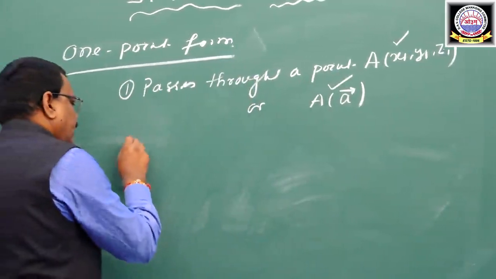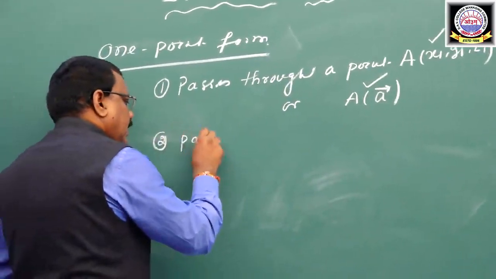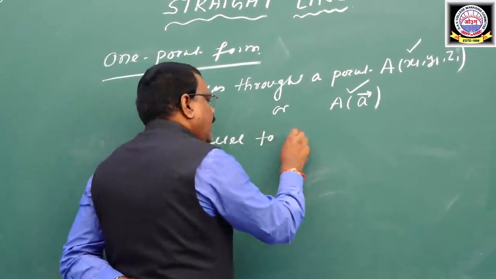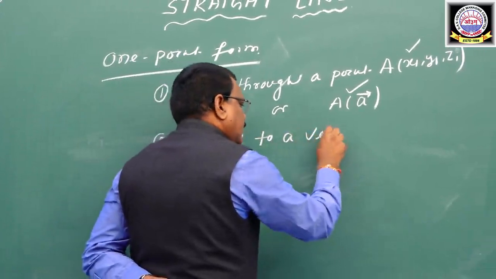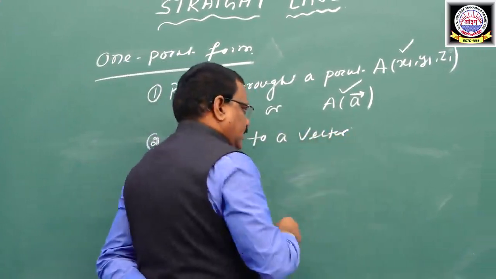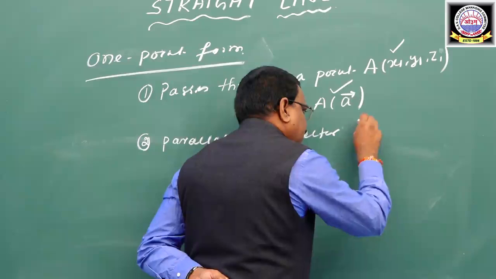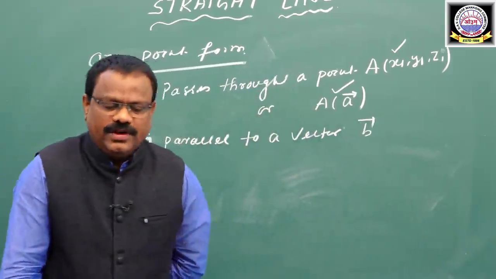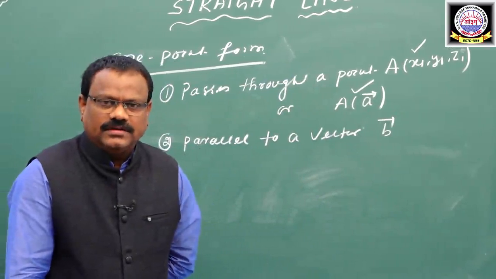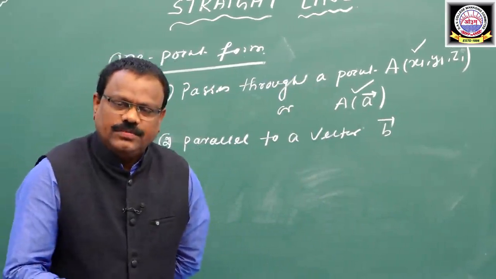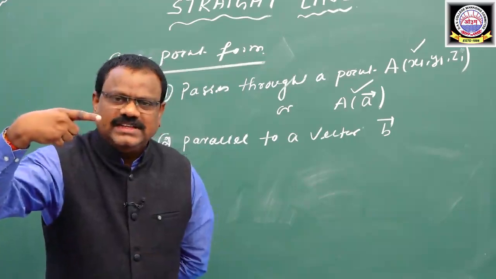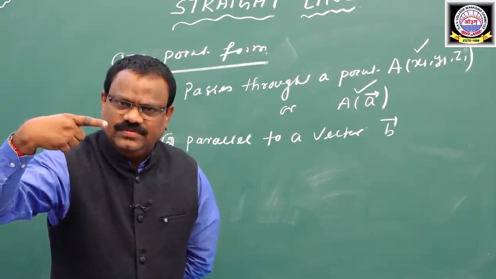And the second requirement is that the line is parallel to a vector, say B vector. Means the line is passing through a point and parallel to a vector. If it is passing through a point and parallel to a vector, the coefficients of i, j, k are the direction ratios.